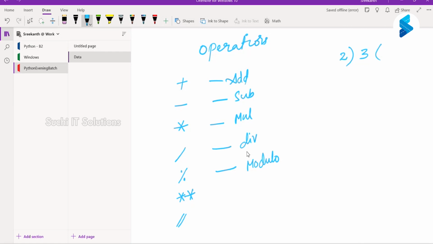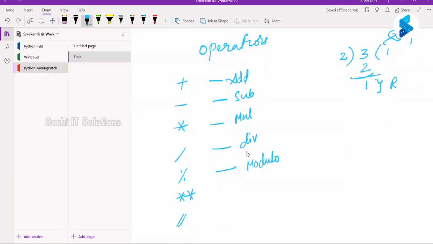If I have to divide this, 2 ones are 2, and then I have 1. So if you just look at this, there are two values that you will be getting. One is your quotient and another one is your remainder.